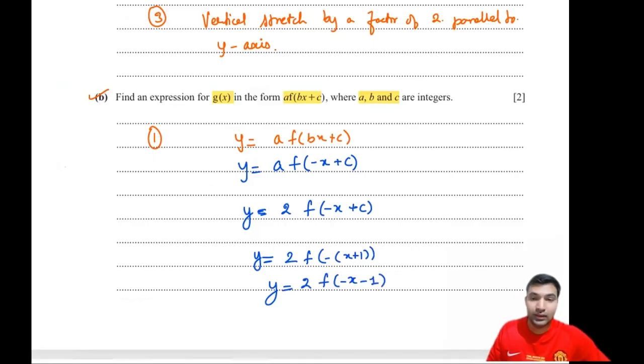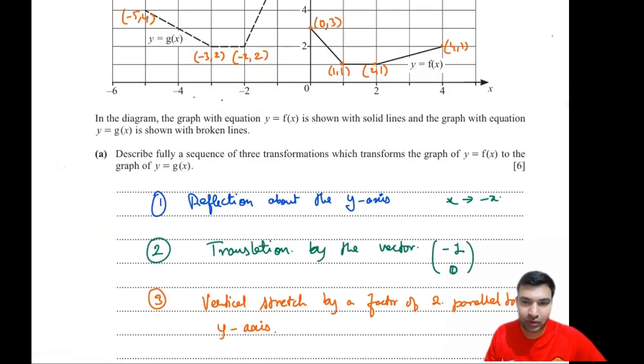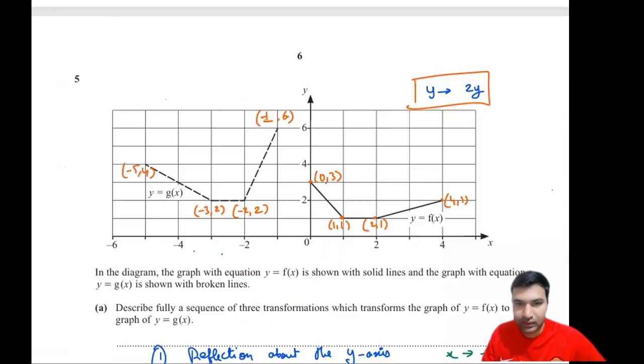Got it? So if it goes towards left, we write x plus 1, because it is moving towards the left hand side. Right? It is contrary to common sense, and this is what we have learned as well. Suppose we have the graph y equals x squared, right?